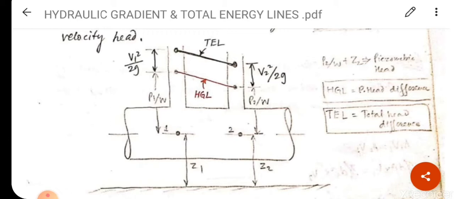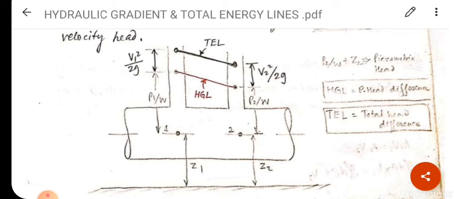I have written on the right side in a rectangular block: P2 by W plus Z2 is the piezometric head at point 2, or in common terms you can write P by W plus Z is piezometric head. Now see the next line: HGL, piezometric head difference. TEL, next line, total head difference. This is the total energy line and hydraulic gradient line.